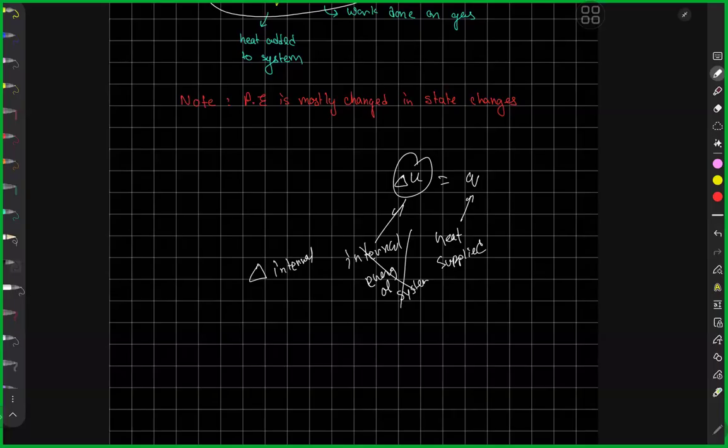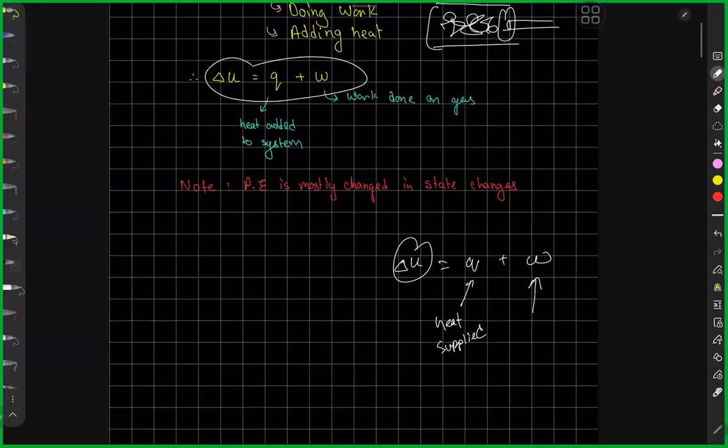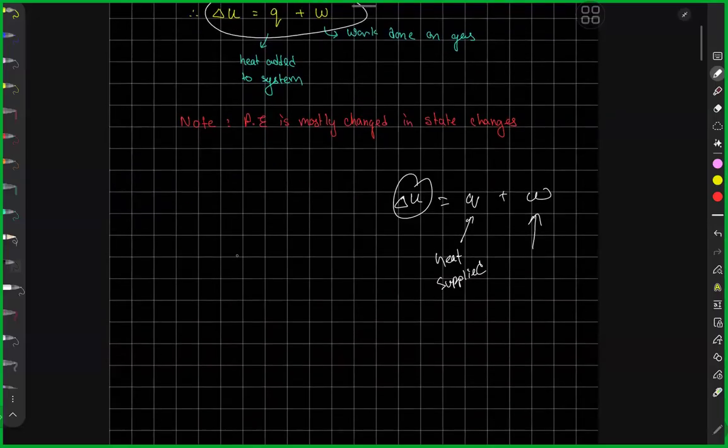The change in internal energy is given by the heat supplied plus the work done on the gas. If the volume is reducing, work is done on the gas and this remains positive.